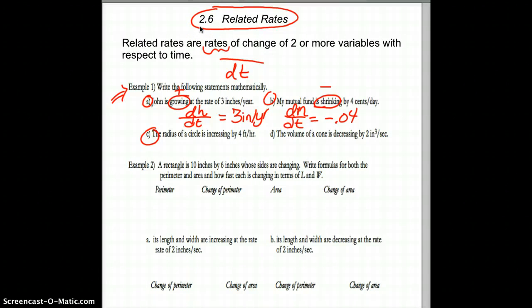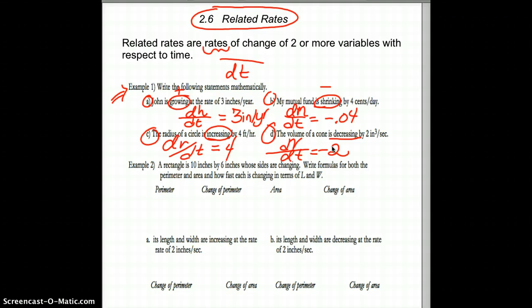And the radius of a circle is increasing at a rate of 4 feet per hour, so we'd say dr/dt is equal to 4. And likewise, the volume of a cone is decreasing, so we'd say the change in volume over change in time is negative 2 cubic inches per second.